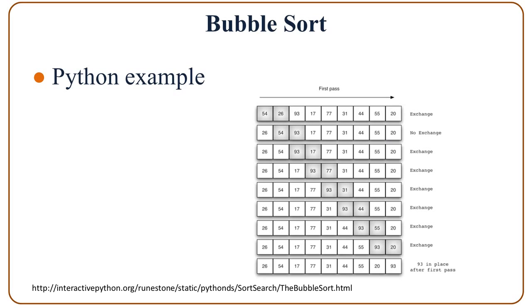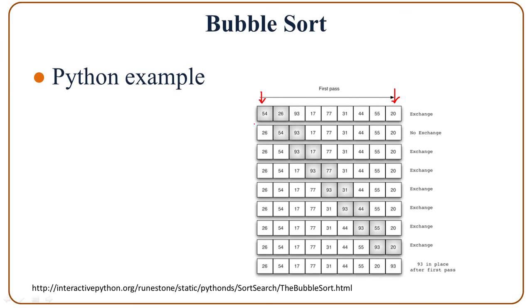Let's look at an example. Given an array, in the first pass, going from the first element to the last element and compare each element to the next element.